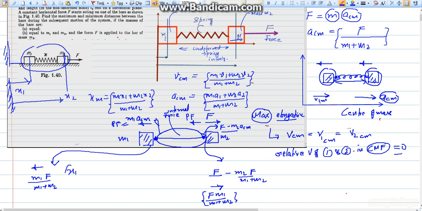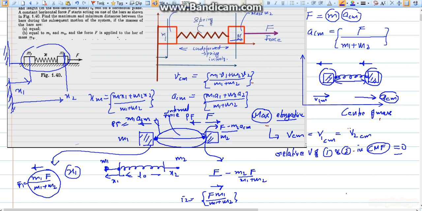Let the extension here be x1. Extension means the end of the spring was at the initial position, and at this point of time the end is here. This was the initial length of the spring L0 before the force was applied. Now this is the new length. x2 got extended on the m2 side, and on the m1 side x1 got extended. Force applied here is F1 is this and F2 is this.